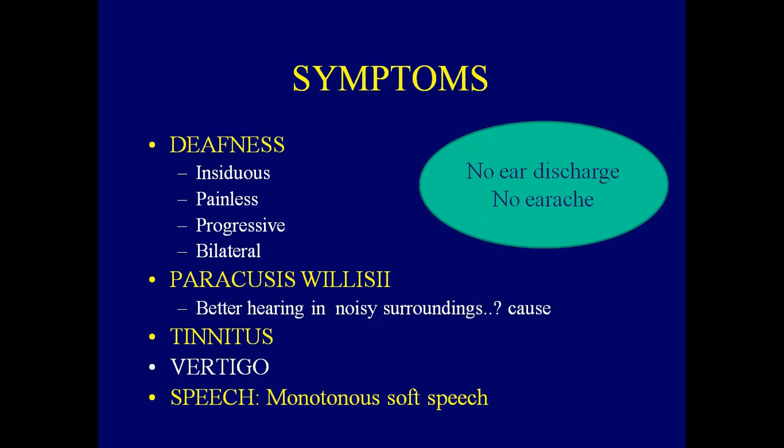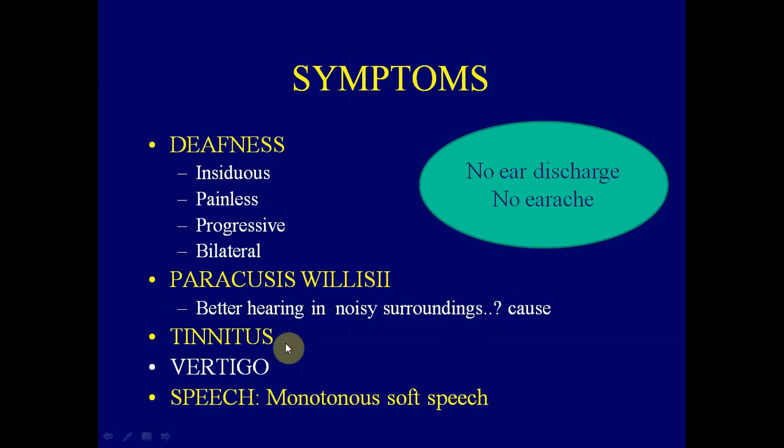They speak in a louder voice, and the low intensity voices are not heard by the patient. So there is a masking effect of the low noise, and the other person whom the patient is speaking with will automatically increase his loudness. That may be the cause of paracusis willisii.